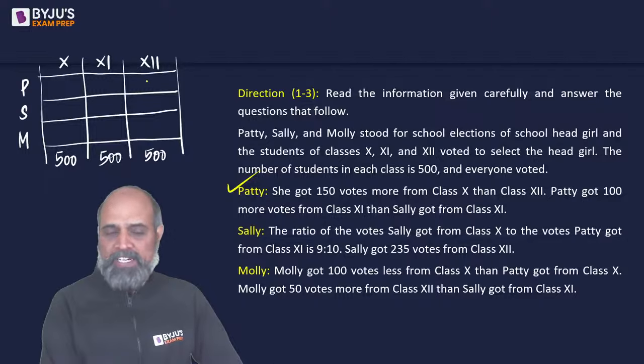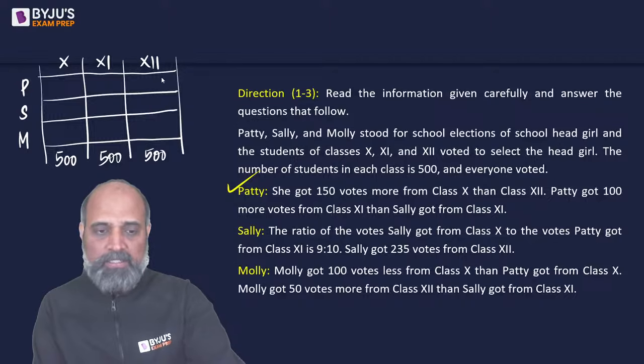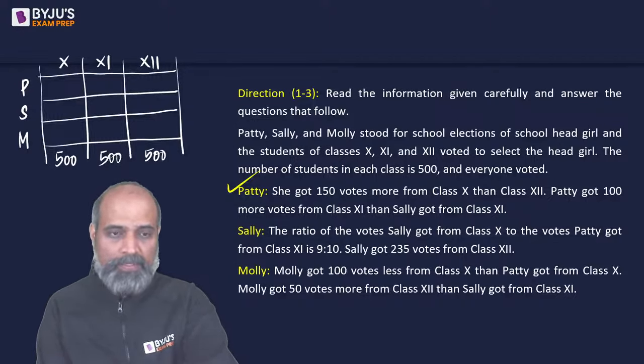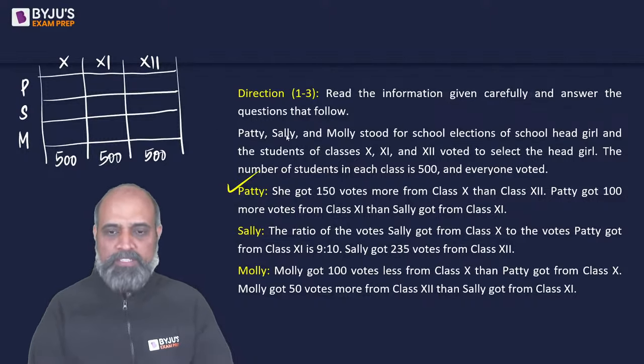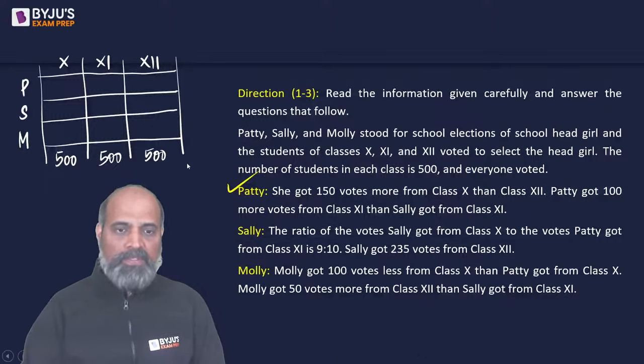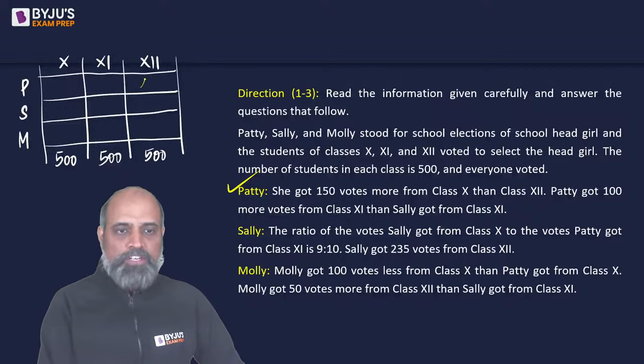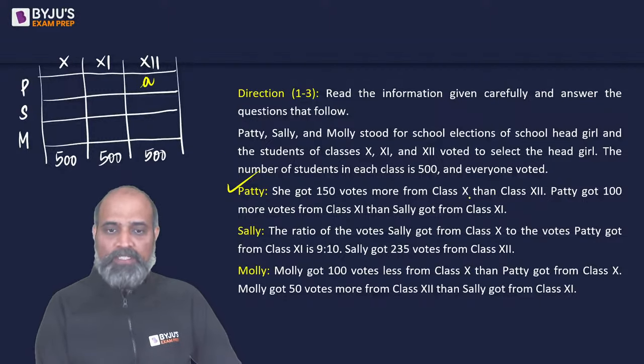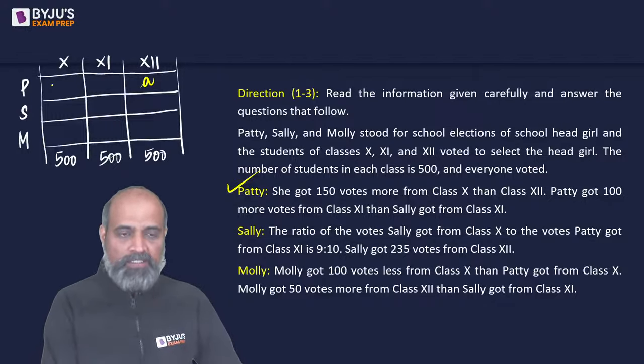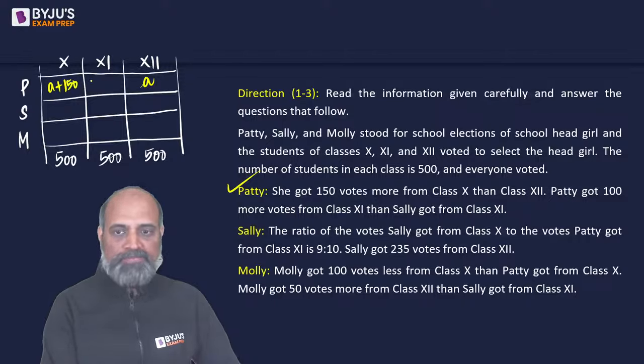So in class 12, if Patty got, let's say, P votes, okay, let's not use P, let's use A, B, C. So if Patty received A votes in class 12, then in class 10th, it's A plus 150.